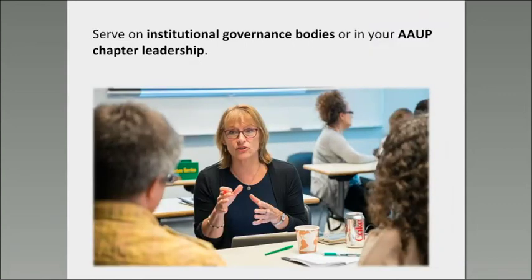I know this is almost banal, but I have had many conversations recently about how the current political climate can cause one to withdraw, and so I do want to stress the importance of serving on institutional governance bodies and in the leadership of your chapter for the defense of academic freedom.